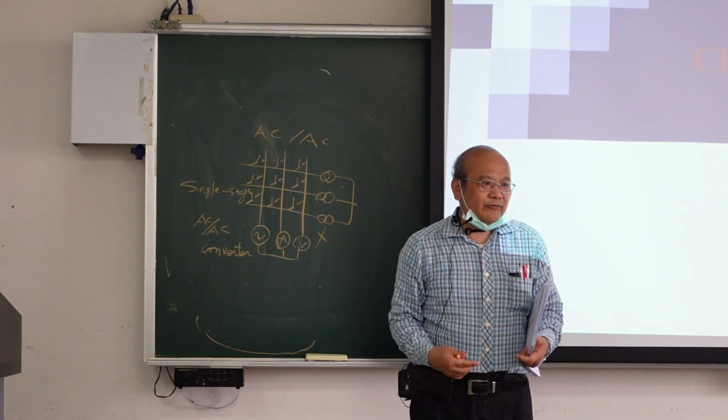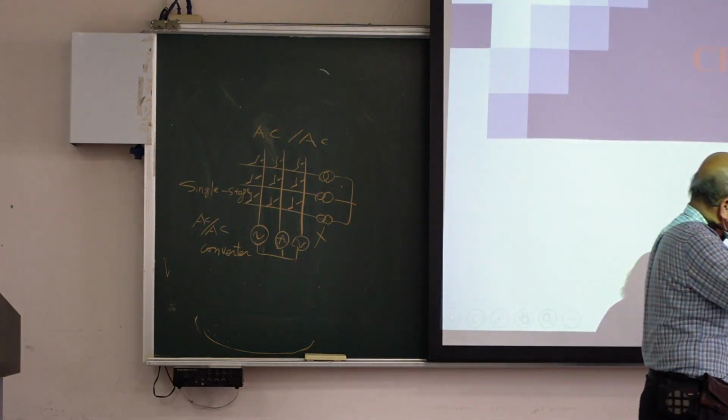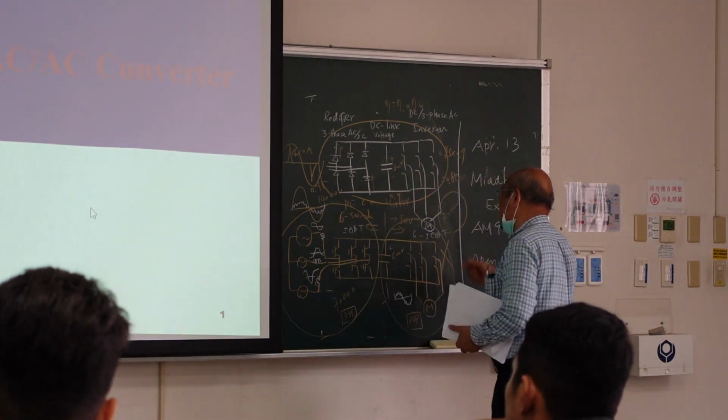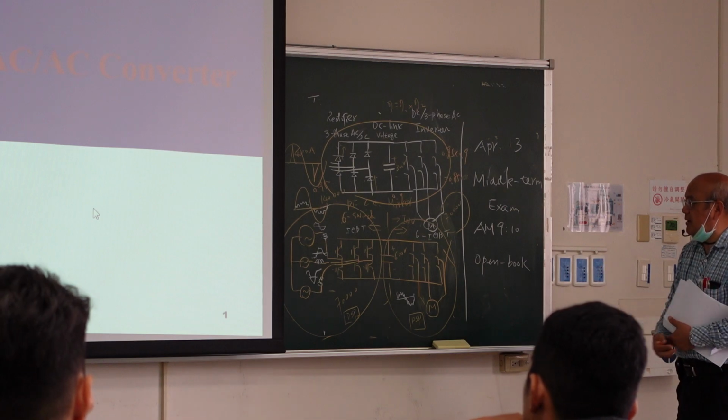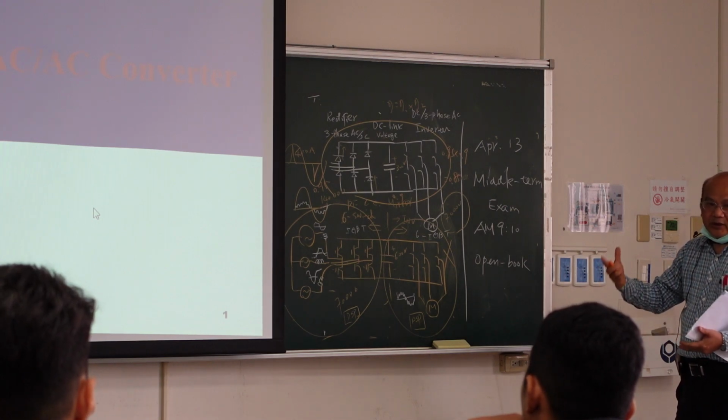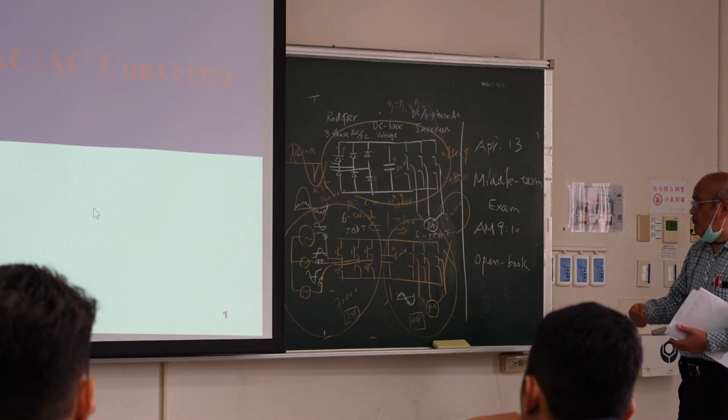So we still prefer the AC to DC rectifier, then the DC link voltage, and then the inverter. We still use this. Why? So we will discuss this issue from the basic principle.